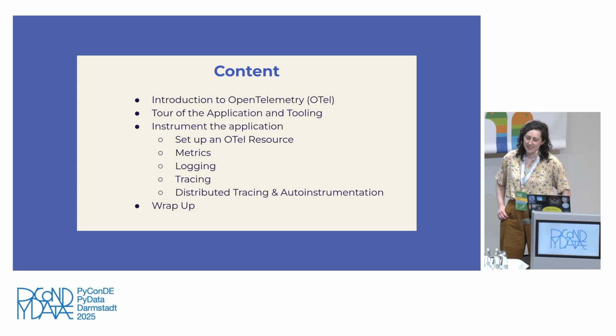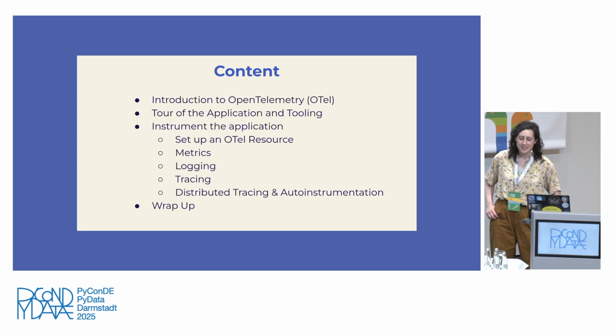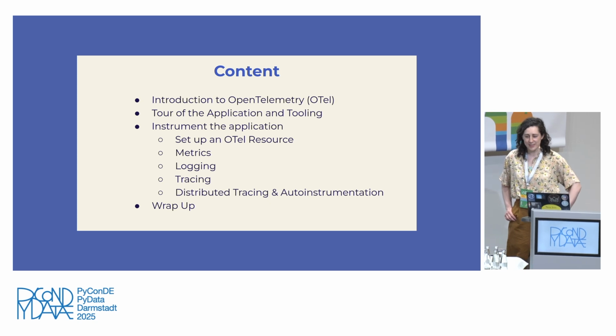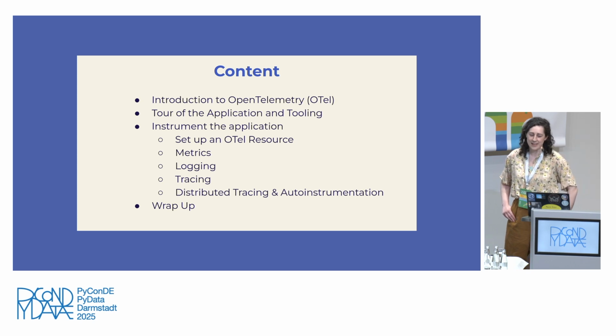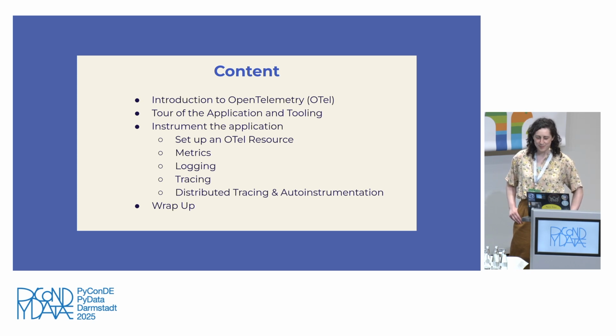We'll start with setting up an OpenTelemetry resource in a service, and then go through adding metrics, logging, and tracing to that service, and then we'll round it out with some distributed tracing and auto instrumentation.